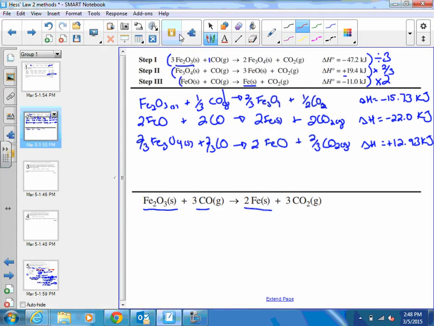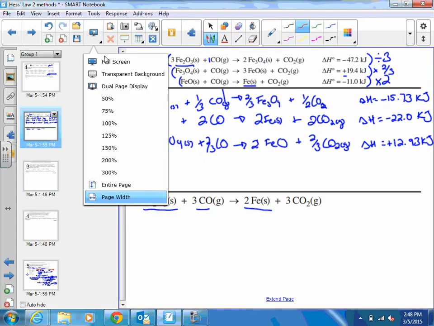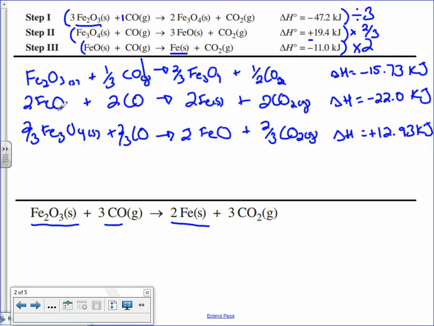So take a look at what appears on both sides and cross it out. Here I've got 2/3 of Fe3O4 on the right side, and here I've got 2/3 Fe3O4 on the left side, so I can get rid of that. Anything else that appears on both sides, well, here I've got 2 of these guys and 2 of these guys, FeO.